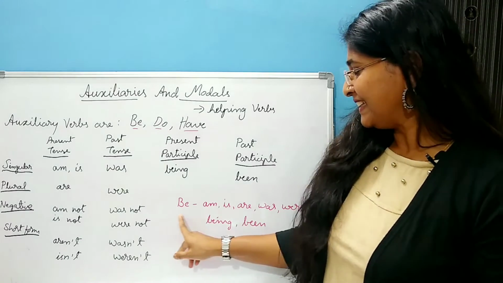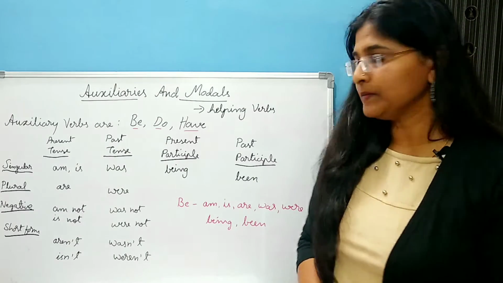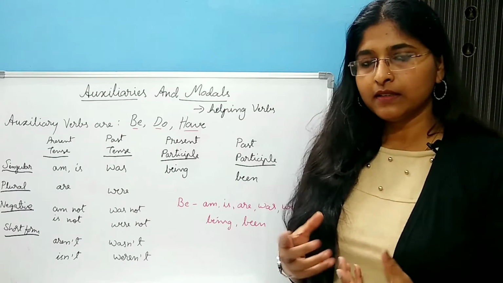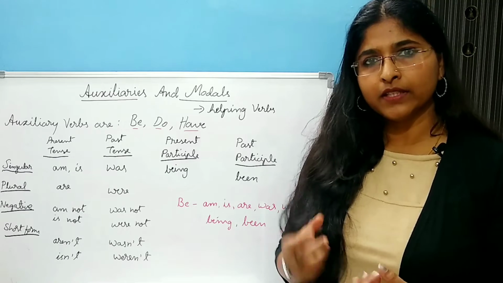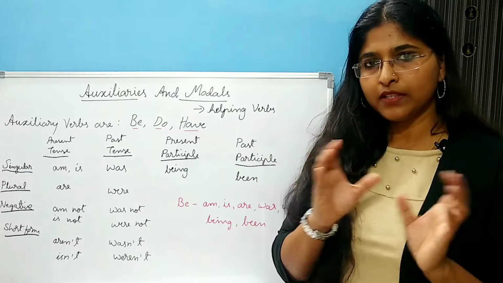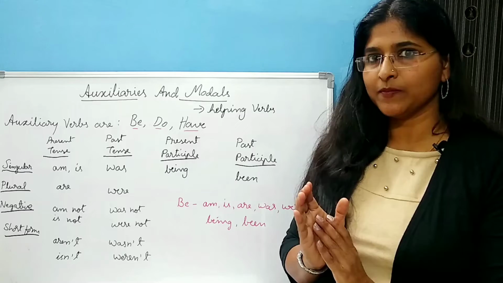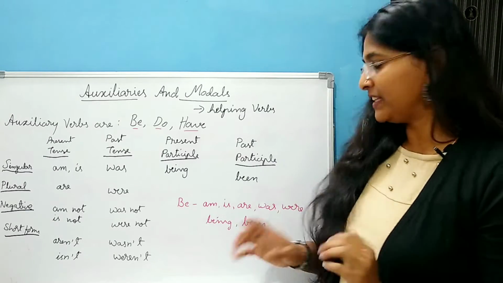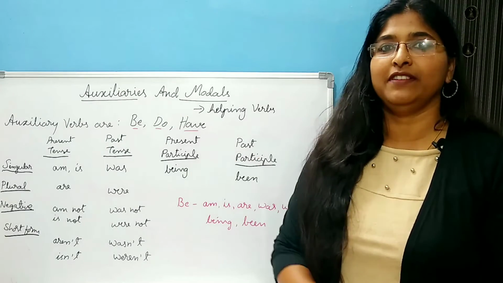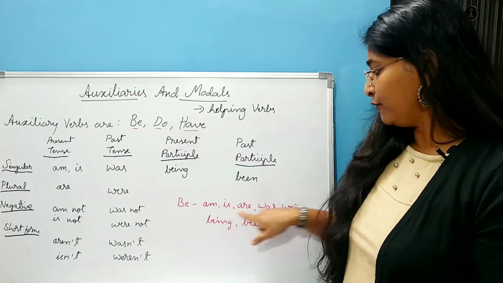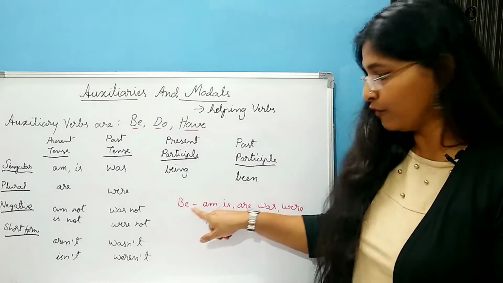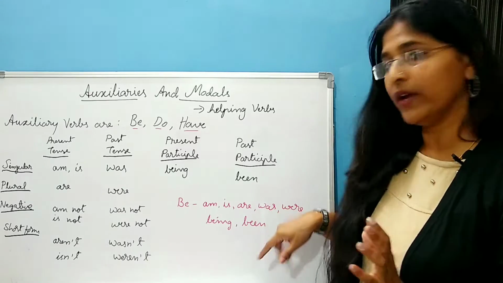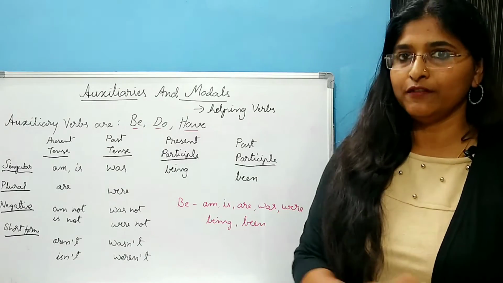Okay. Then one more thing I want to explain here is be. You might have seen in fill in the blanks with the correct tense forms, after the blank you will get a word in brackets. Sometimes you will get be in the bracket. So don't fill in just being, been, or be itself in the blank, because you have the be forms: am, is, are, was, were, all these 5 words in front of you.